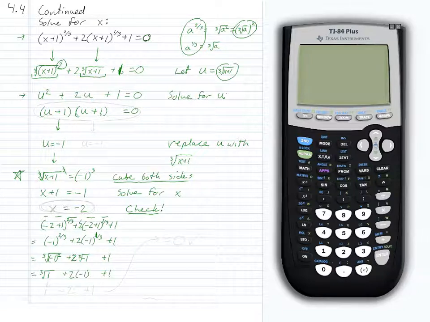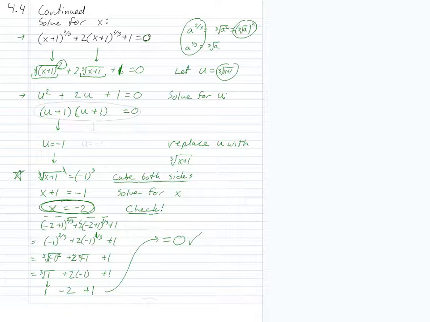And finally the cube root of 1 is +1. So that x value, -2, checked out in our equation. That might be a nice one to use your calculator for. You want to make sure those exponents are in parentheses if necessary. But we had to check that one, and it was a good thing we did. We know for sure now that x equals -2 is a solution.